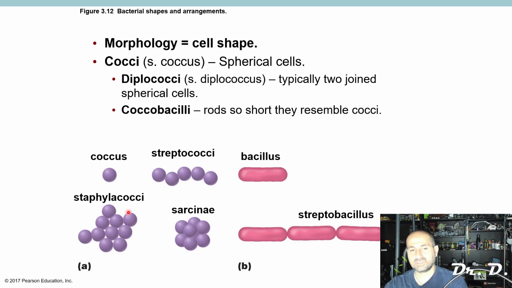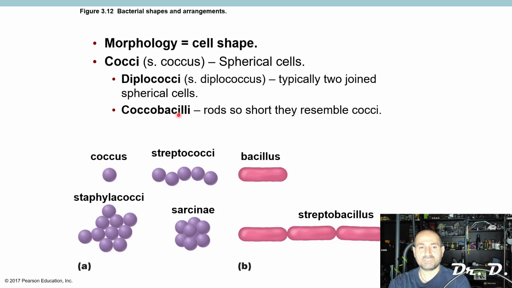Staphylococci looks like this. Streptococci looks like this. Then you could have two spherical bacteria side by side. That would be Diplococcus, and so on and so forth. Diplococci would be, like I said, two spherical bacteria side by side.